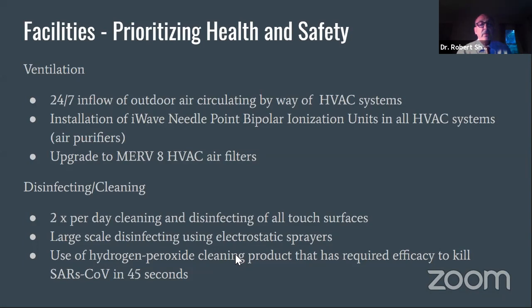We plan to implement protocols of 2 times per day, full cleaning and disinfecting of all of our touch surfaces. This will be continuous throughout the day in terms of doorknobs and all surfaces in classrooms. In the interim period between AM and PM, all of our classrooms will be cleaned.